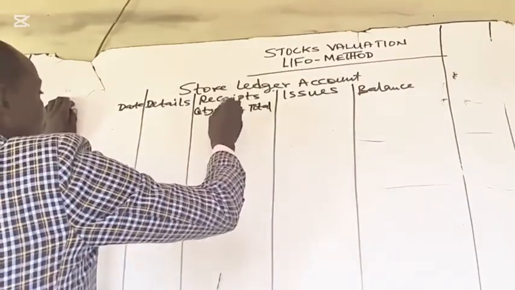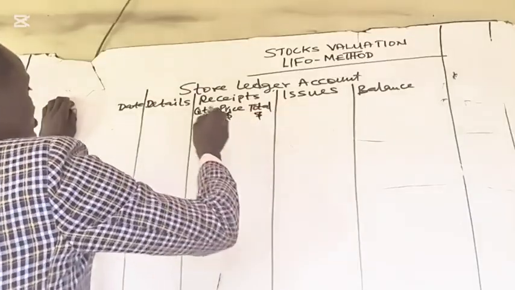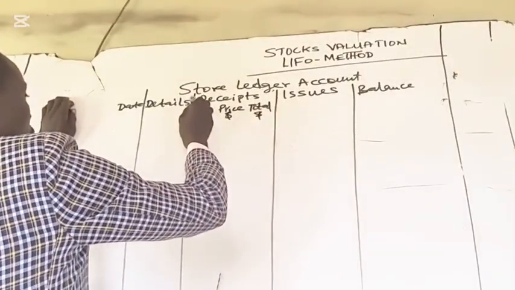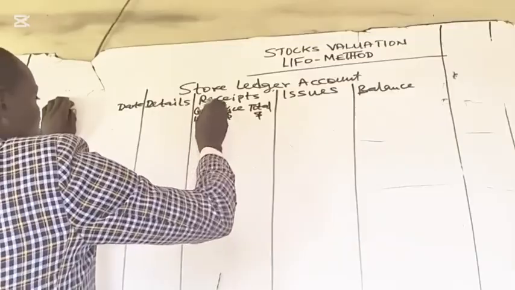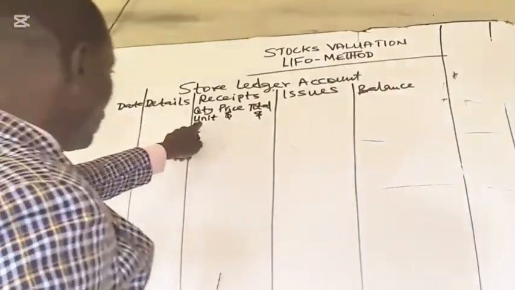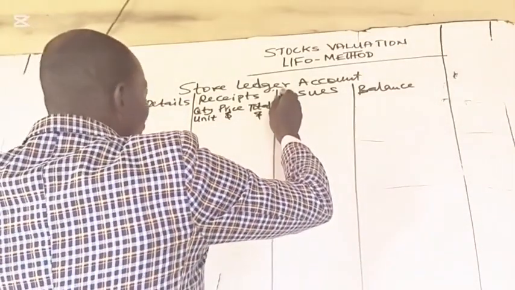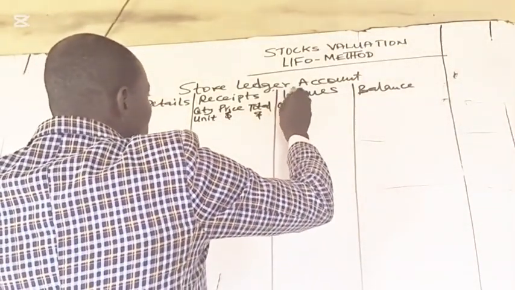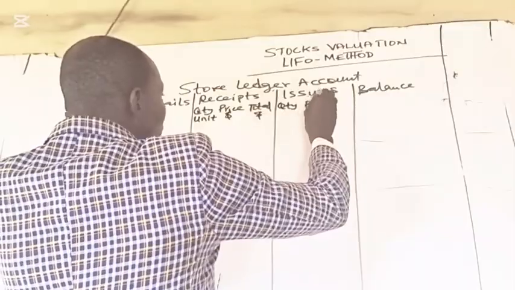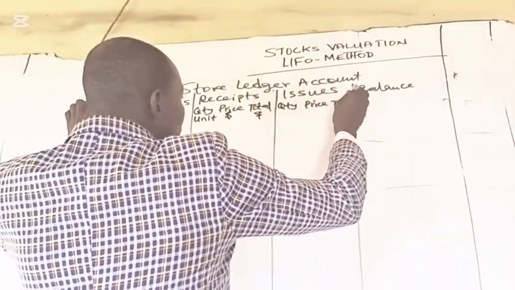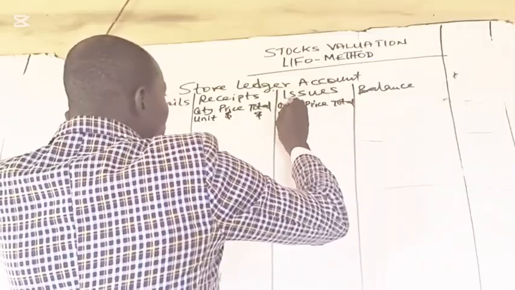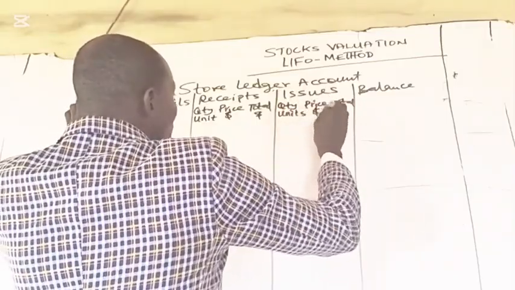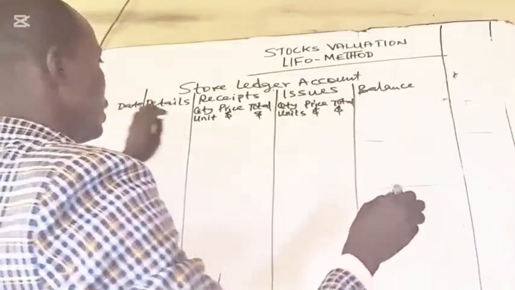If the price is in US dollar, the quantity may be in kg or in units, depending on the question. So you have quantity in units, price in dollar, and total in dollar.